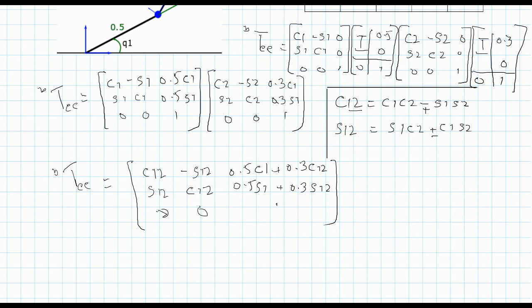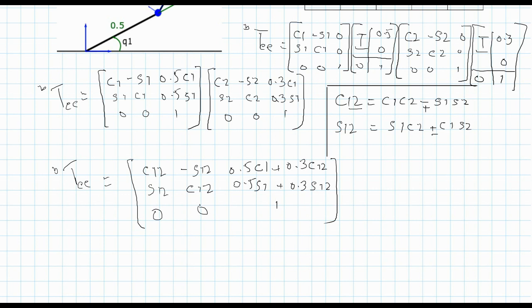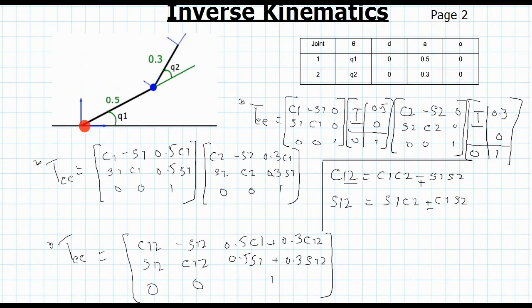Pardon, this is a 0 here, 0 0 1. So this is the final forward transform that we had already seen previously, which gives us the transformation from the base of the robot to the tip of the robot, or the end effector.